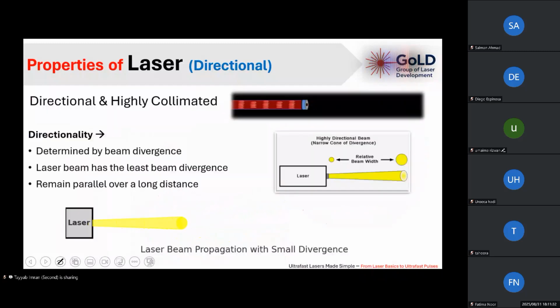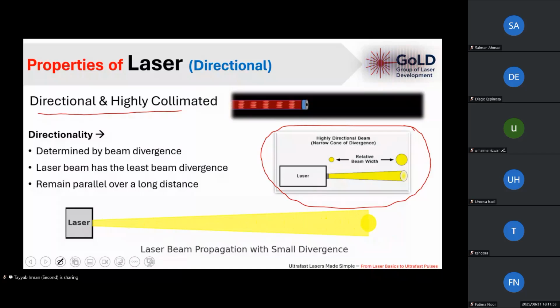So here, directional and highly collimated. Highly collimated depends on the conditions, but it has to be directional. If you see this on the right side and in this animation, as compared to the white light from the bulb, from the laser you can see the light does spread, but not that much.